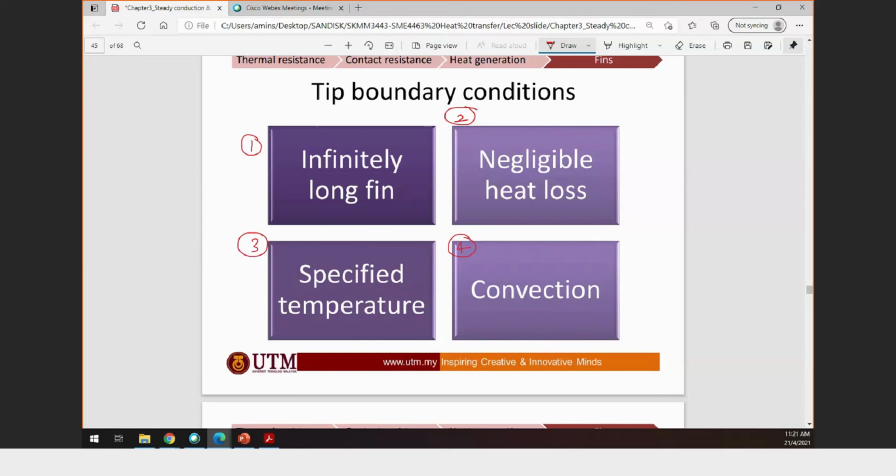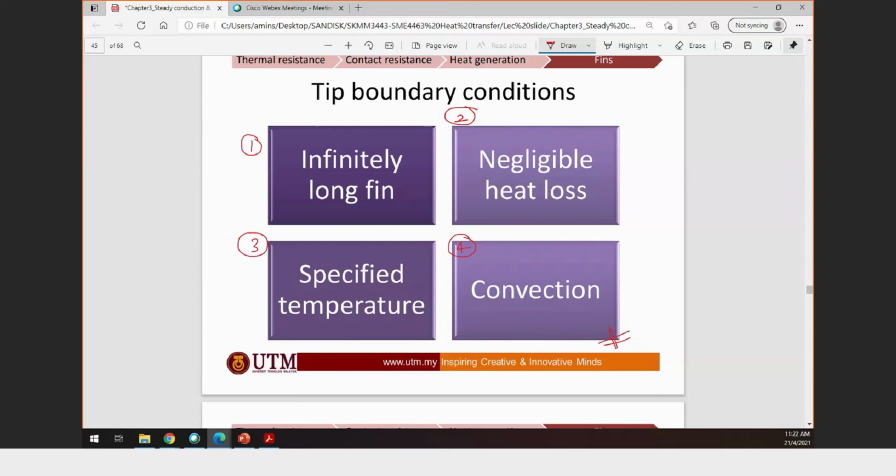Okay, so of course you might want to ask which one is more common in heat transfer analysis. In general, if you ask me personally, between boundary conditions 1, 2, 3, and 4, the most common boundary condition for the fin tip is the last one, convection.